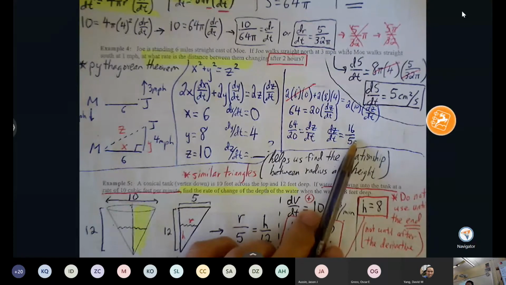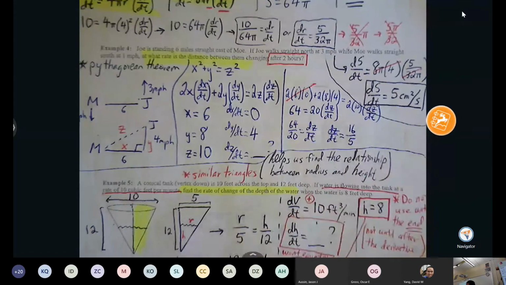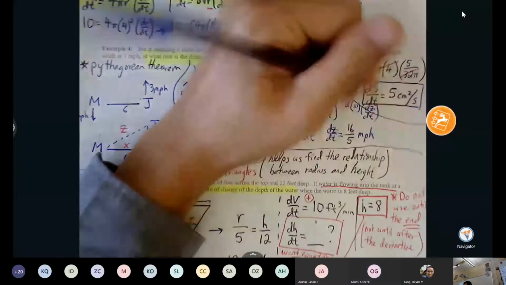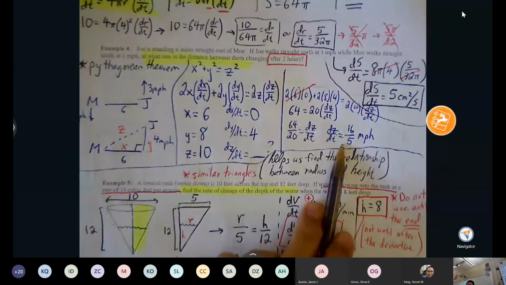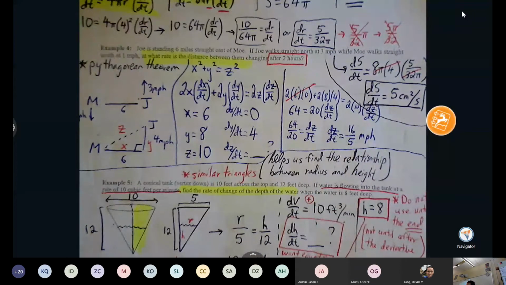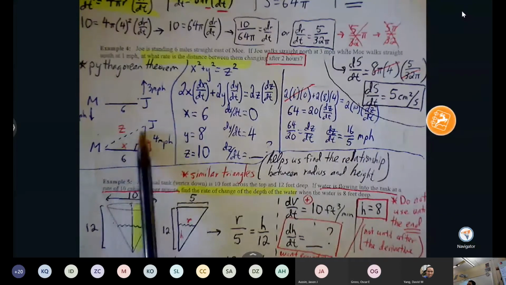Okay, what's our unit of measure here? Miles per hour. Does it make sense that we're getting a positive number, positive rate? Yes, because z is growing, right?